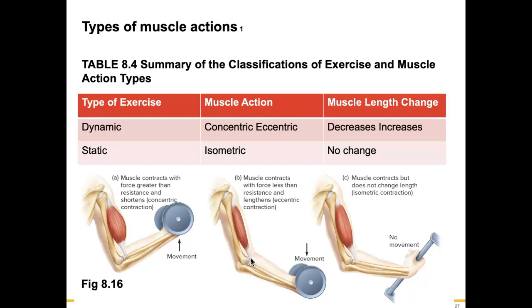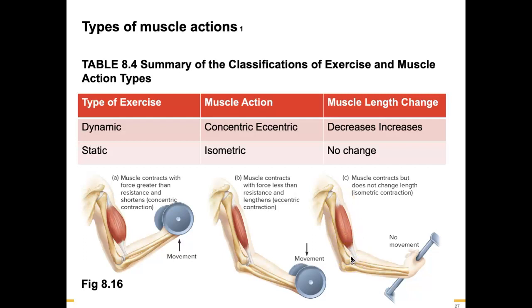Now let's talk about isometric types of contraction. That is more of a static type of exercise in which we have muscle contraction taking place and tension being created within the muscle, but there is no change within the length of the muscle.